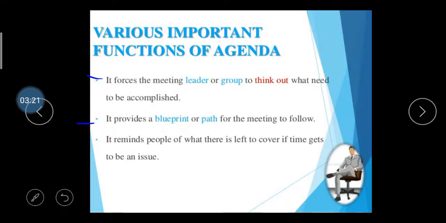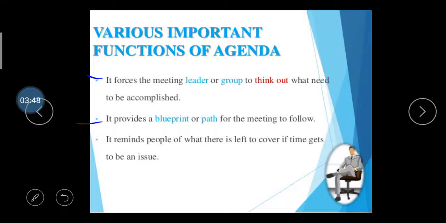Second, it provides a blueprint, or path, for the meeting to follow. It shows that this topic will be discussed at this time, by this board member. The agenda will be prepared by the secretary; the company secretary has to prepare the agenda and minutes.